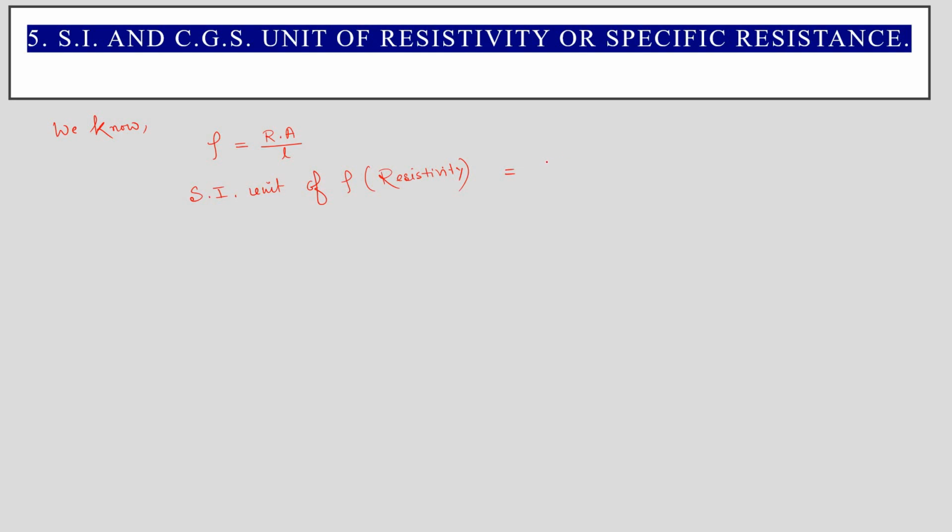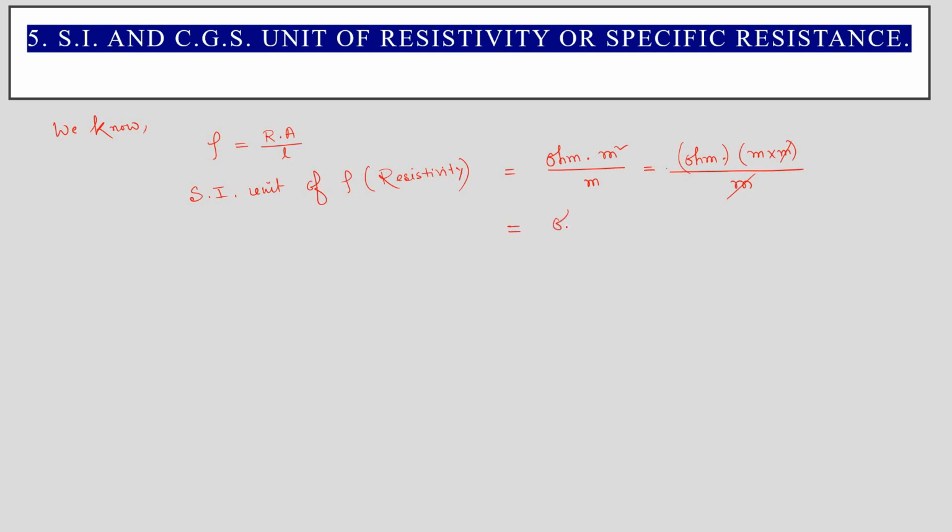The SI unit of resistivity equals, first of all we should write the SI unit of resistance, which is ohm, then the SI unit of area of cross section, which is meter square, that is meter into meter, and the SI unit of length, which is also meter. So here it's meter square, so we can cancel one meter.